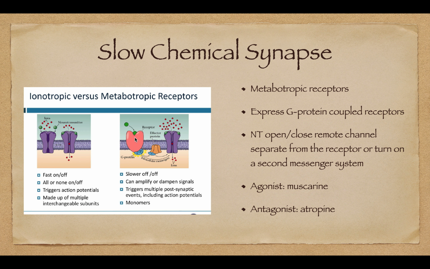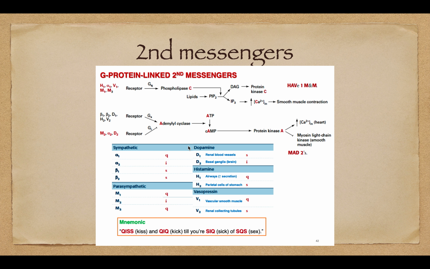So something comes in, binds here to the receptor, the G protein is going to be activated, and then it goes to the effector protein, and then it goes through cAMP, and then finally binds to the actual ion channel and allows the ions to come either in or out. And the agonist is going to be muscarine, so these are muscarinic receptors, and the antagonist is the drug called atropine.